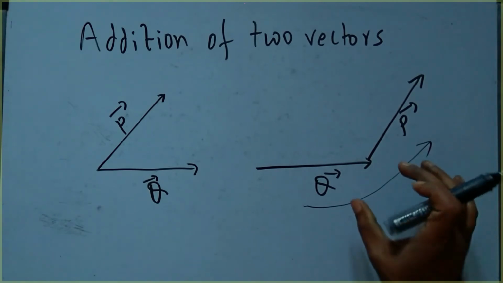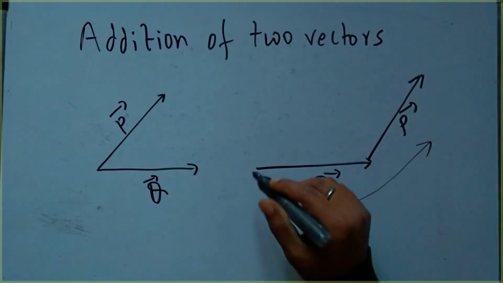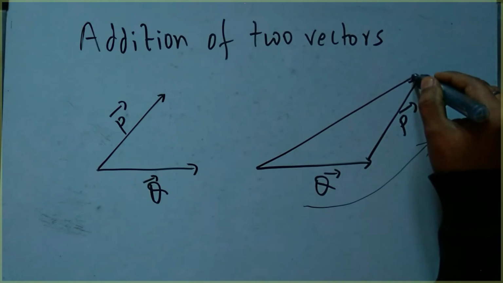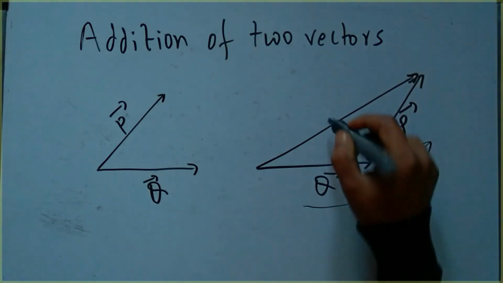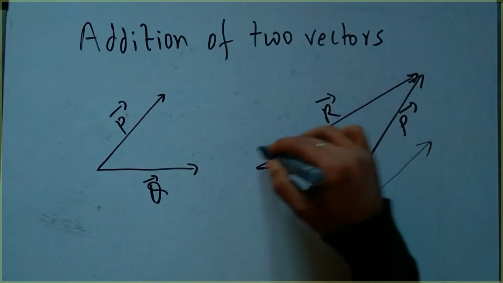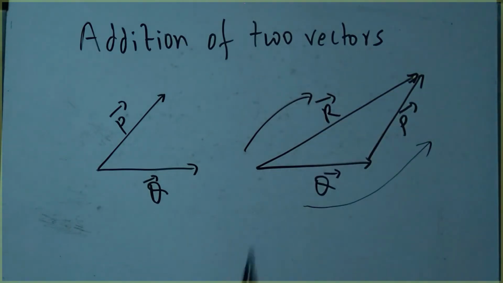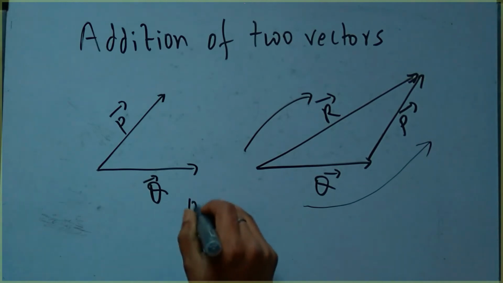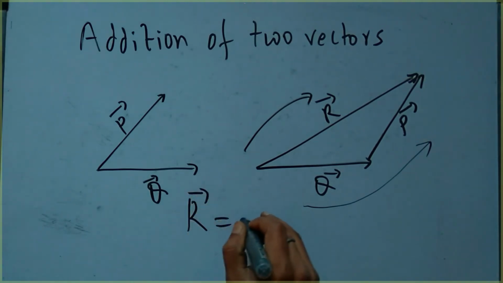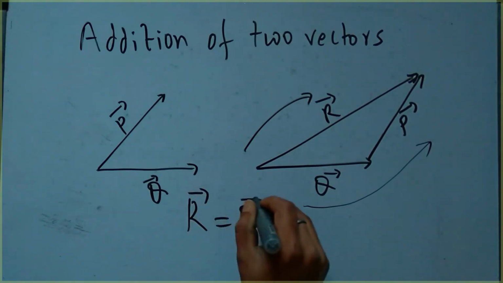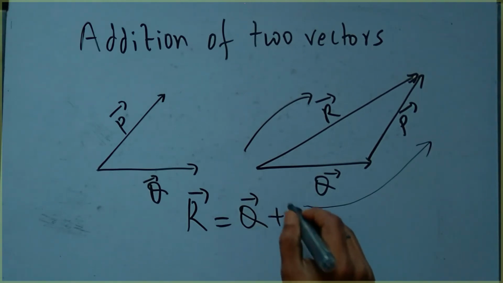Thereby, the addition of these two vectors is the resultant vector represented by r in opposite direction or opposite order, being clockwise. So vector r is equal to q plus p.